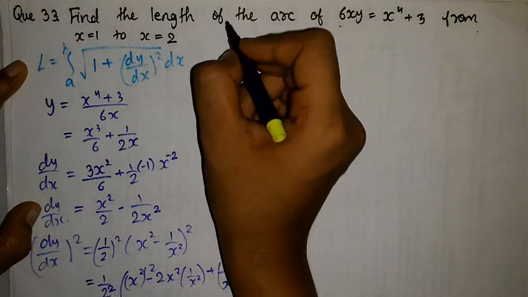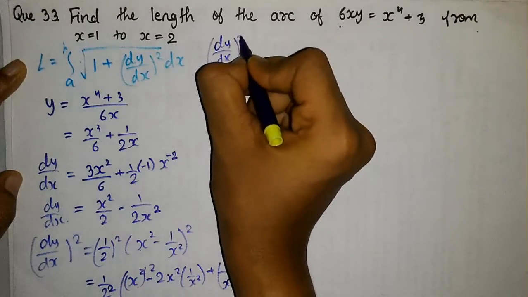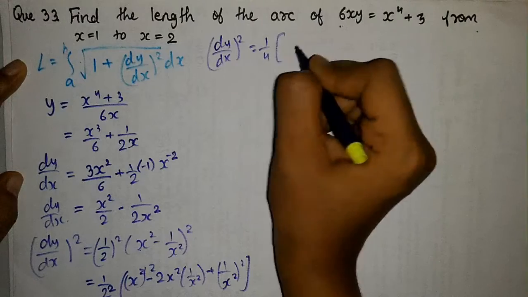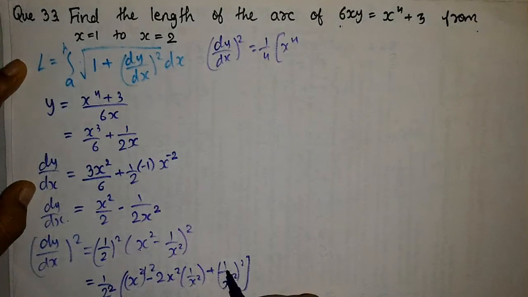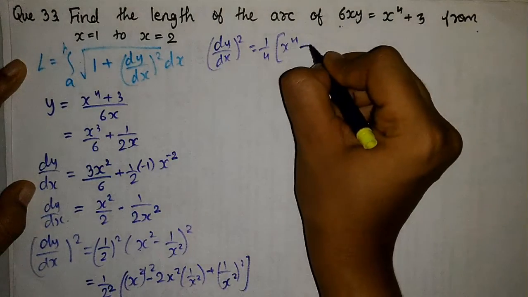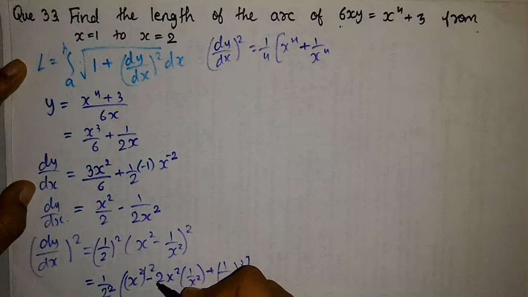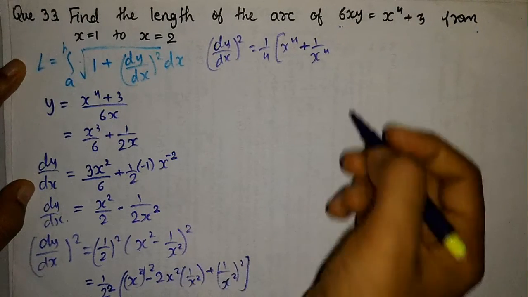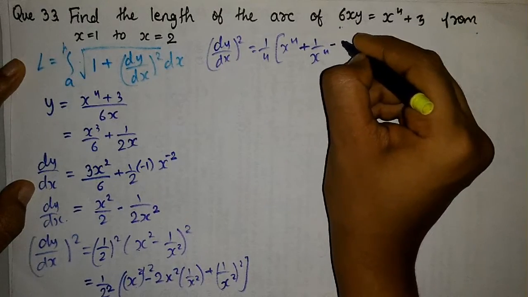So (dy/dx)^2 is equal to 1/4 outside, and inside it will be x^4 plus 1/x^4, where the x^2 gets cancelled, so minus 2.